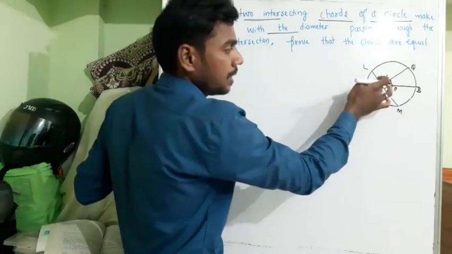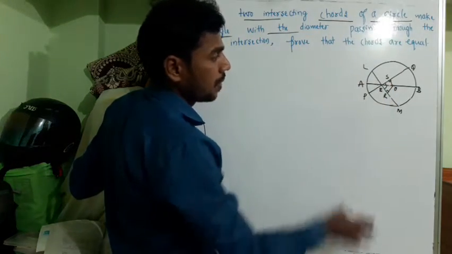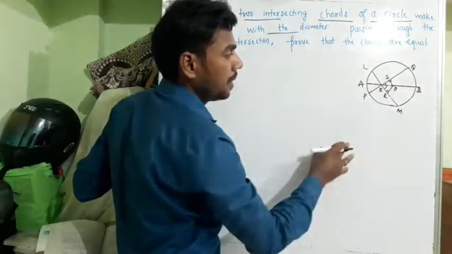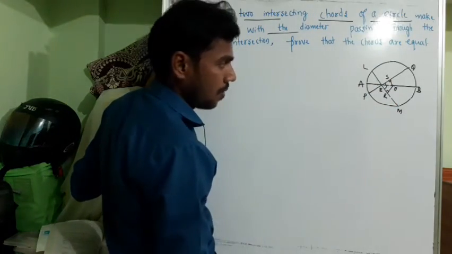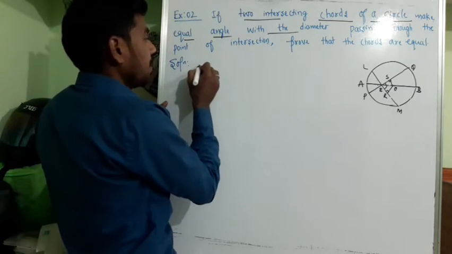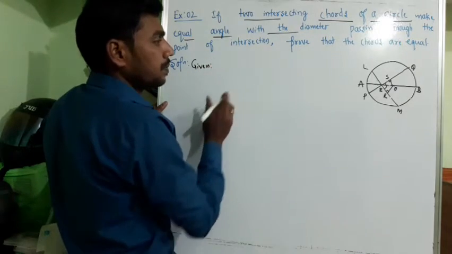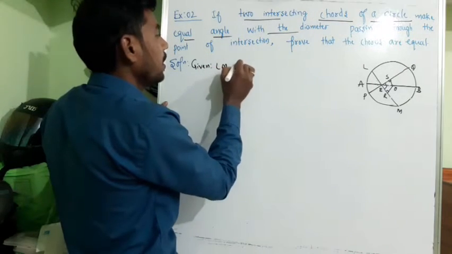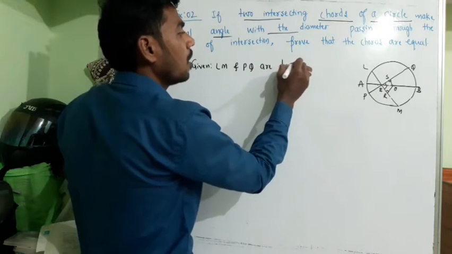So one chord is LM, the other chord is PQ. They are going to make equal angle with the diameter. Now see what we can write. See what is given. Given: LM and PQ are two intersecting chords.